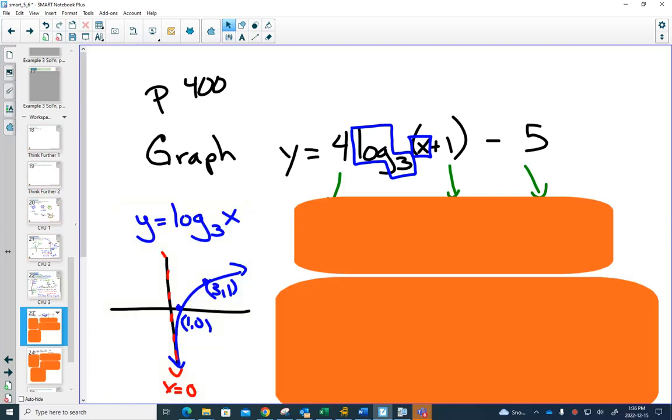I'll do a quick sketch of that off to the side. So you recognize this is a transformation of a log base 3 of x graph. What does a log base 3 of x graph look like? And then you just have to go through and say, what does the 4 do? What does the 1 do? What does the 5 do?